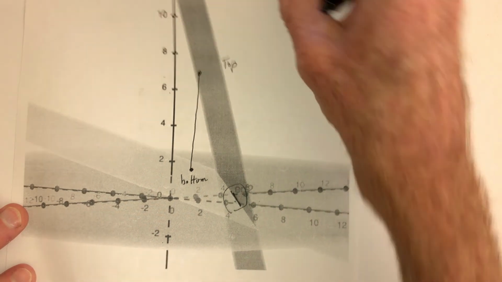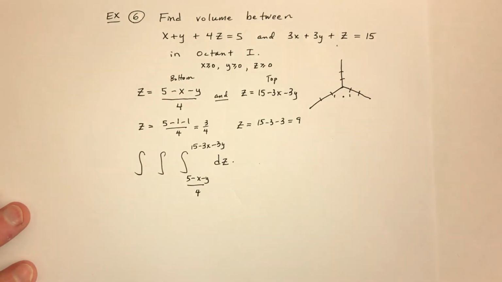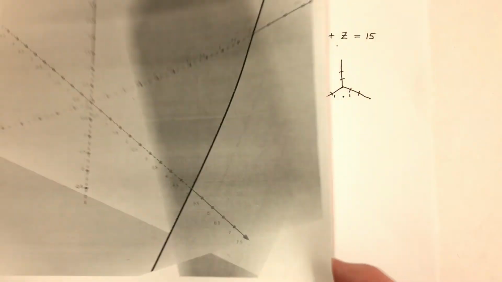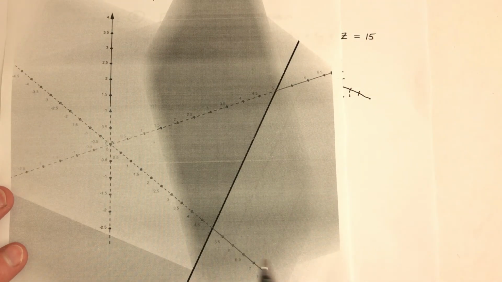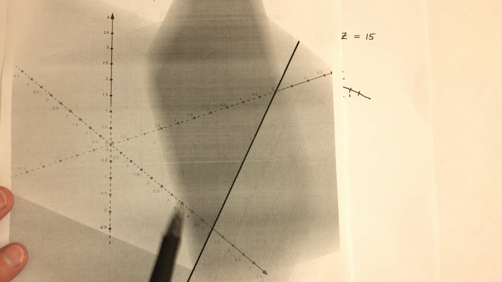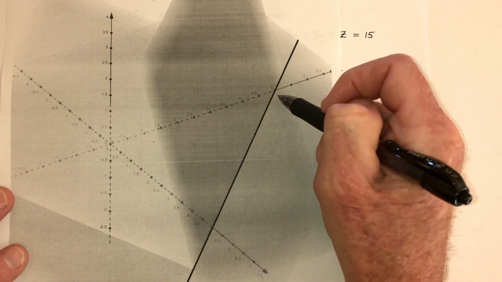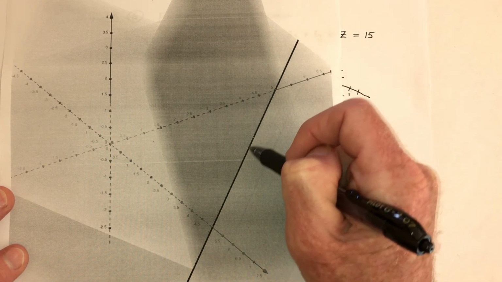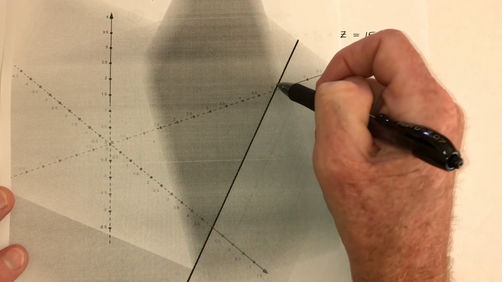That is in the xy plane, so that means z is equal to 0, and it's a line that has just x and y. If you rotate the picture a little bit, this is the x-axis, this is the y-axis, and I told it to draw the line where the two intersect, and that's this line right here.